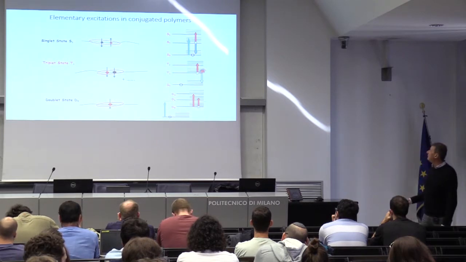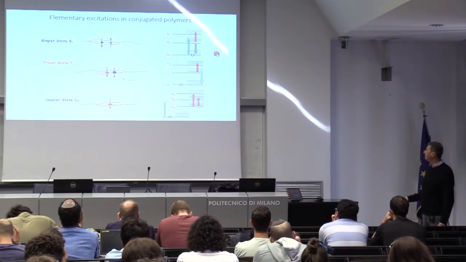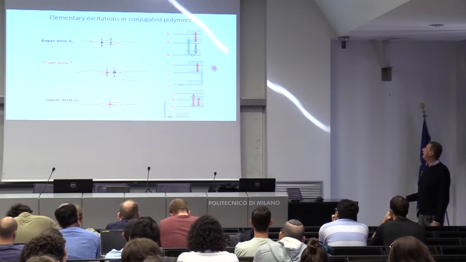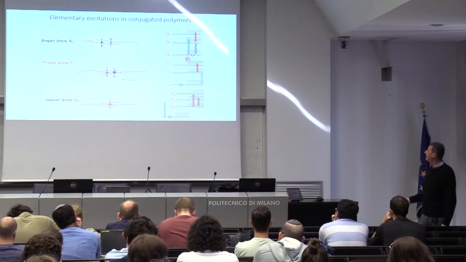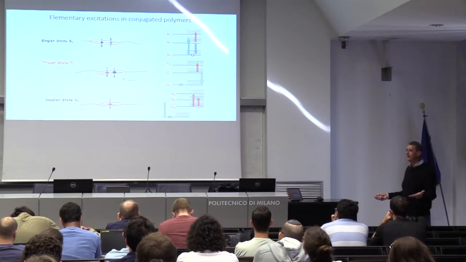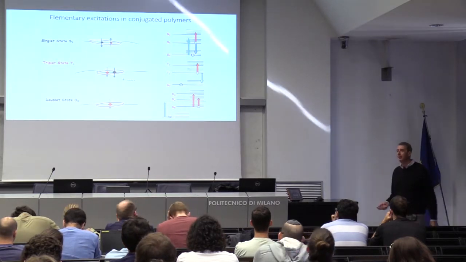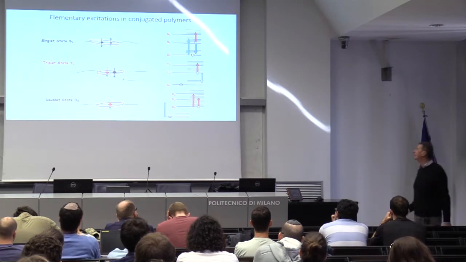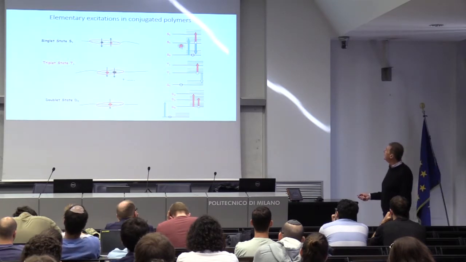If you generate a triplet, you have similar properties, and you also have the bleaching. I don't put the pump here because the triplet state is usually not directly coupled with the pump. So it is formed after, typically from the decay of the singlet.